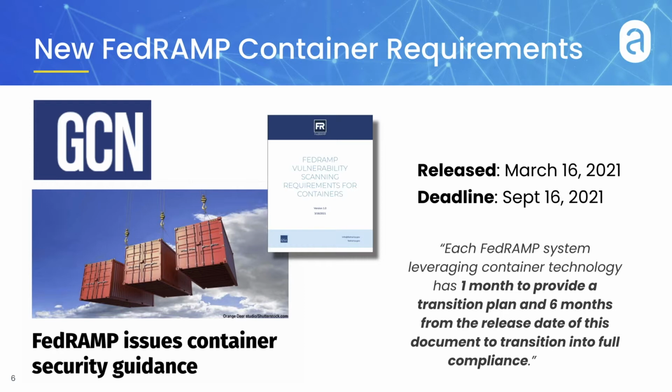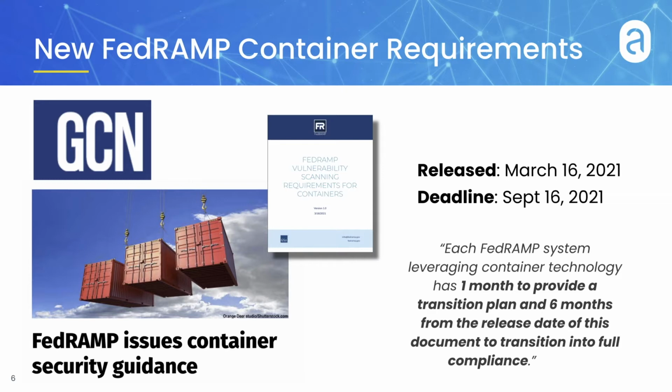We'll talk through that in a moment. But there is a 6-month deadline to transition into full compliance. So that means the key date here is September 16th, when you would need to be in full compliance, and a 1-month timeline to provide a transition plan.